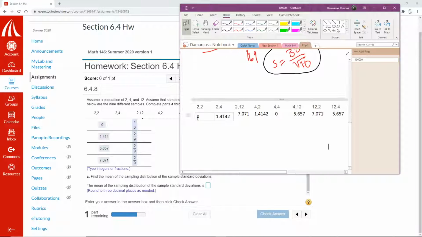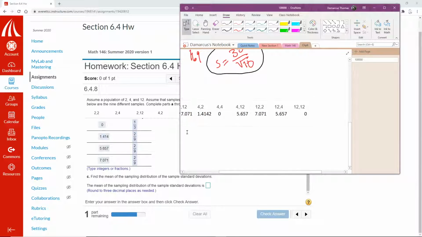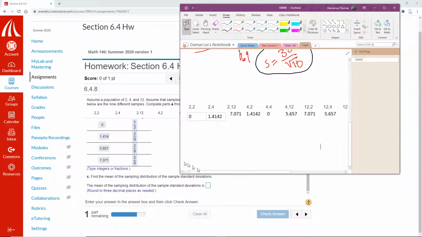They probably want us to add up all of these, and then we would divide by 9. That's one way to do it. Or they might just mean, hey, take these 4 and divide it by 4. So there's 2 ways to do it, but I'm actually going to do it the long way because that's probably the way they wanted it.